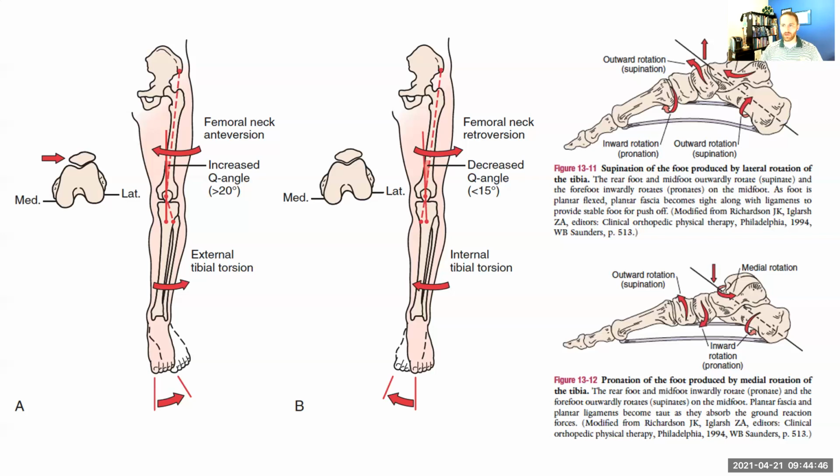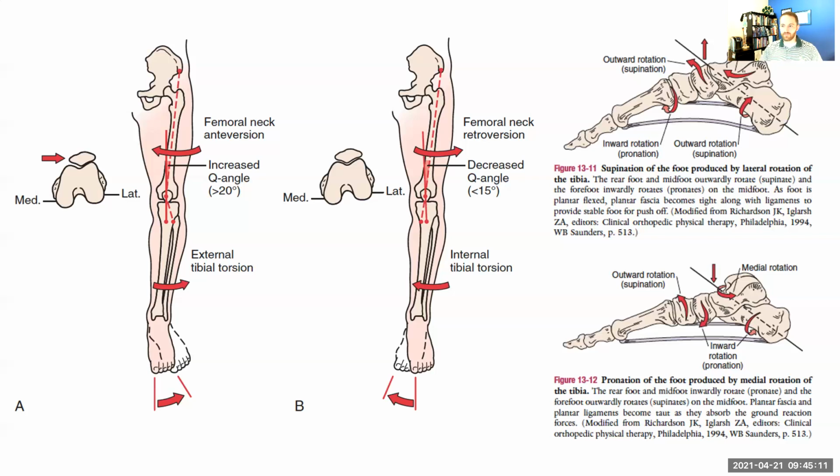So when an individual begins in our top image here to supinate, specifically through the hind foot, the tibia is going to laterally rotate. And what ends up happening with this is the plantar fascia becomes tighter and the ligaments provide a stable foot for push-off.